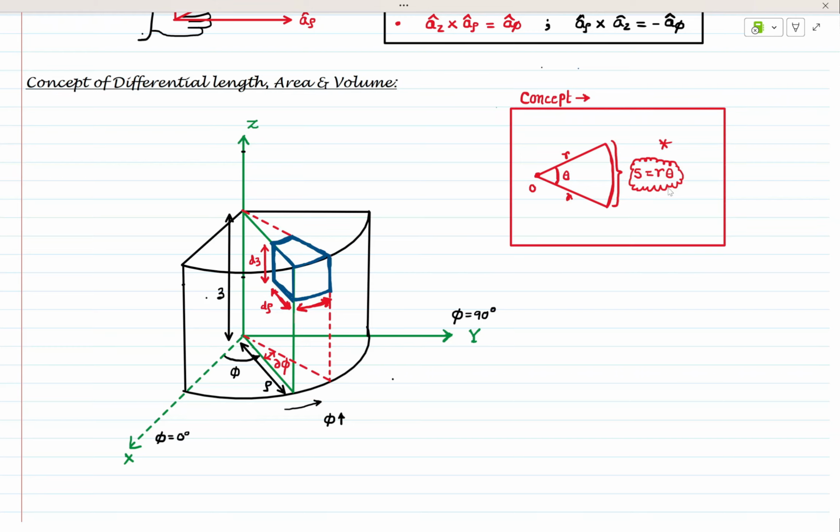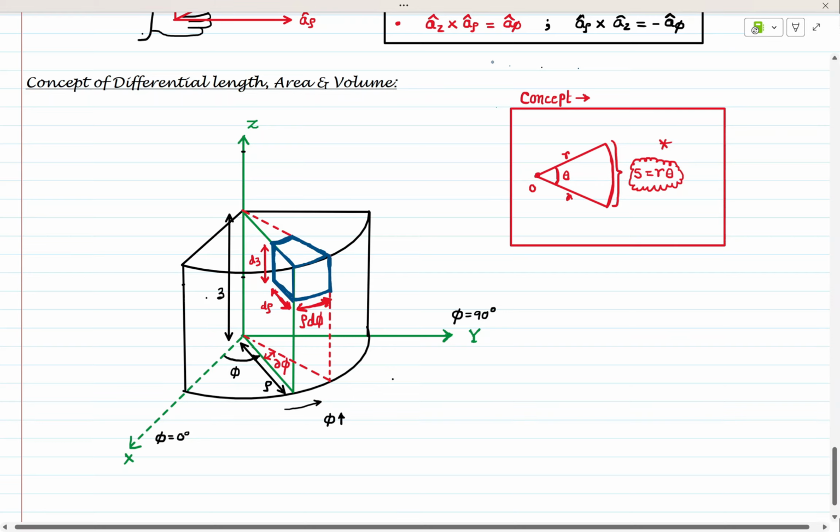This was r into theta, so here the radius is rho and the angle is del phi. That's why I can write it as rho into del phi. These are the three things that I have considered.